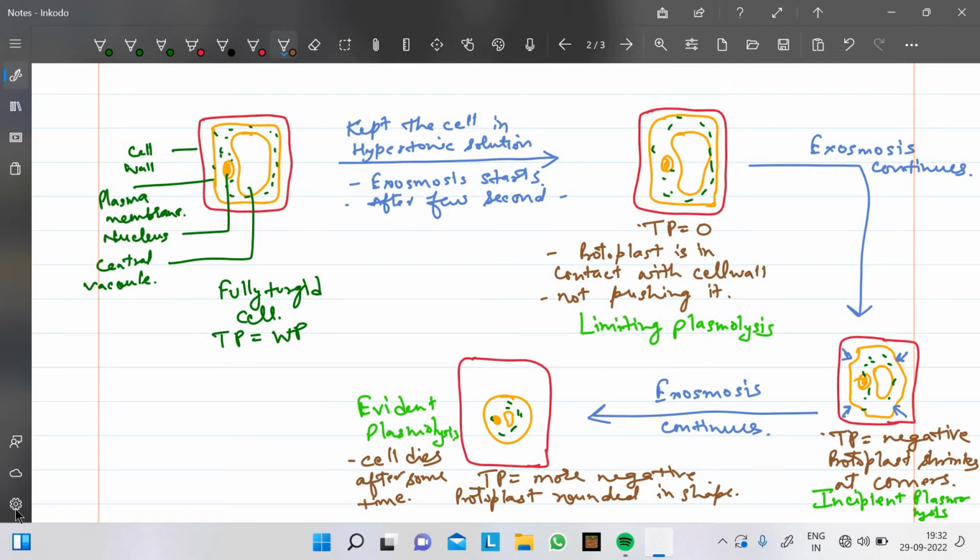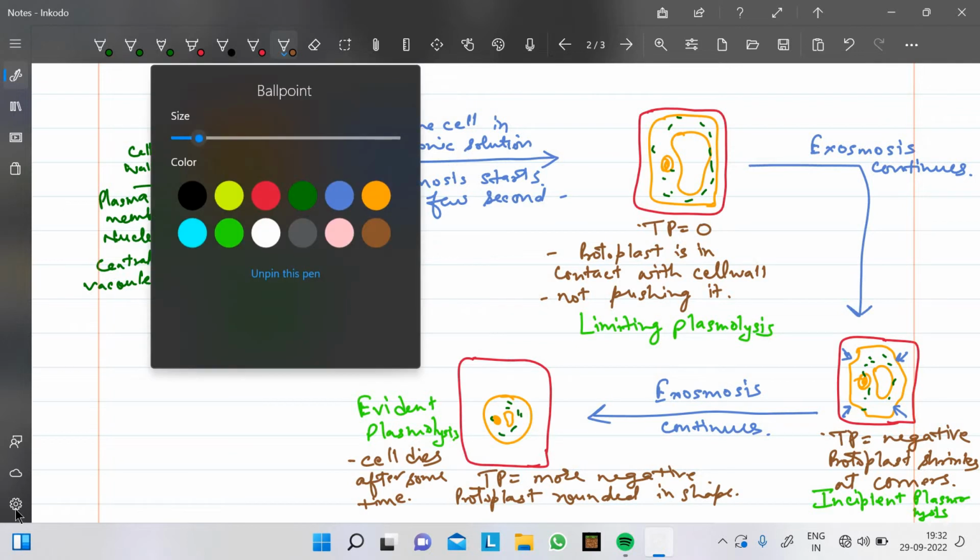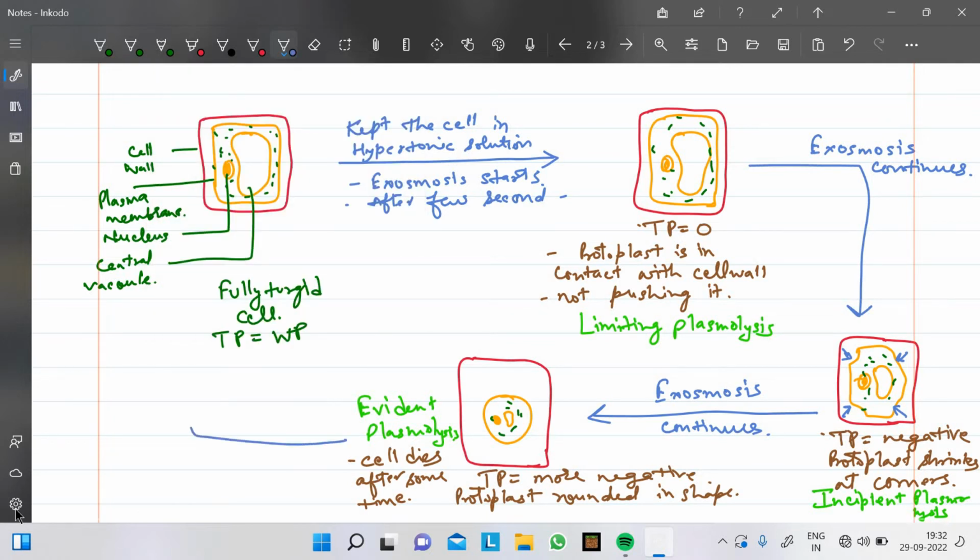Now the last term is deplasmolysis. Deplasmolysis means just the reverse of plasmolysis. What will happen if we keep this cell in hypotonic solution?